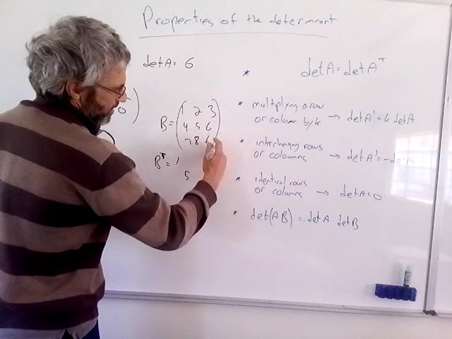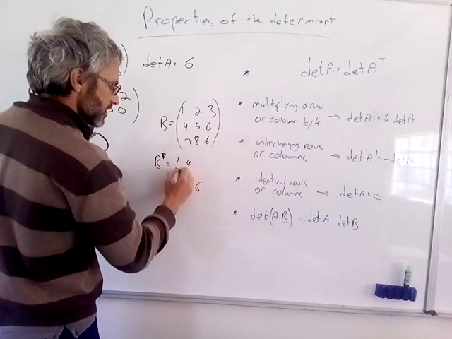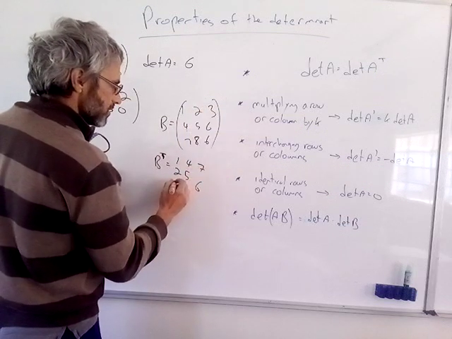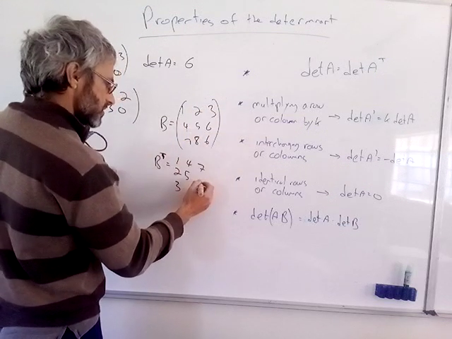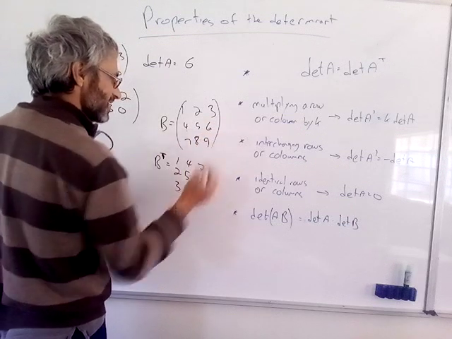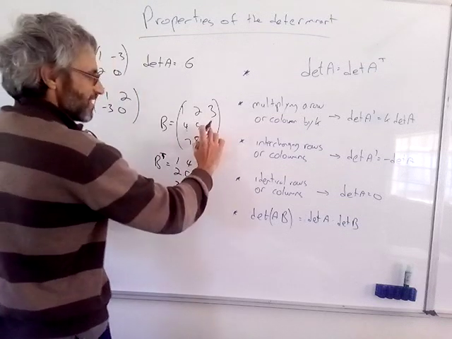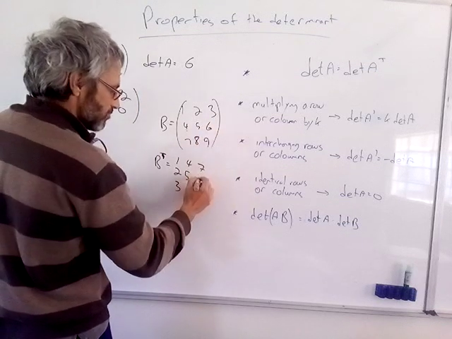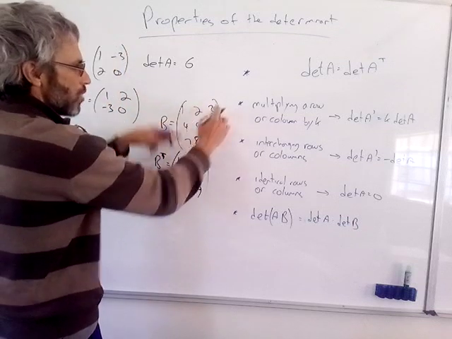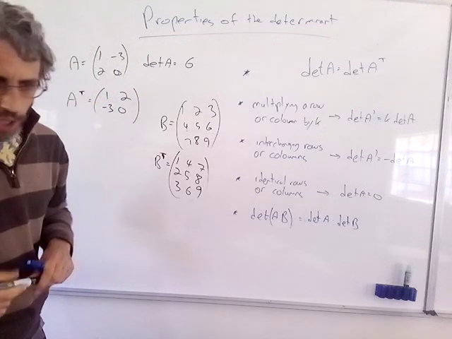These are on the diagonal and remain the same, but the 2 and the 4 swap places, and the 3 and the 7 swap places, and the 6 and the 8 swap places as well. So basically everything off the diagonal swaps places. You understand what I'm saying? So that's the transpose.